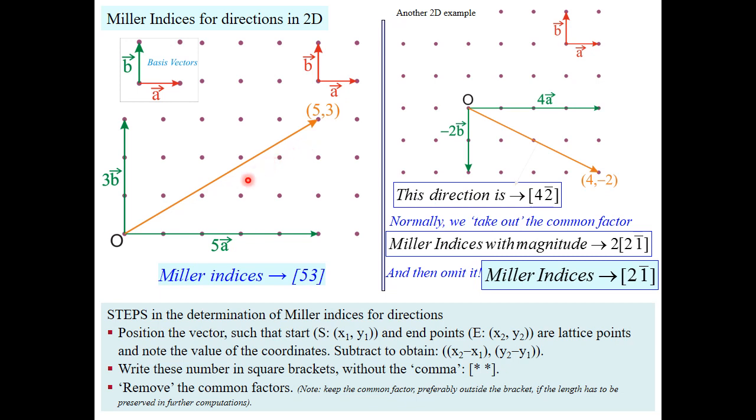Miller indices for directions in 2D. So let's take this example 5, 3, this one. So as we can see, we have the origin over here 0, and the basic vectors are vector A and vector B. So this vector will be 5 times A along the x-axis, 5A, and this vector will be along the y-axis, this vector will be 3 times the basic vector B, that is 3B.